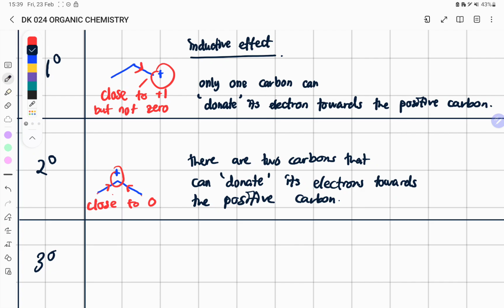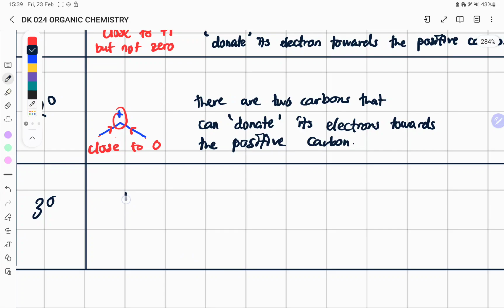Okay, and for tertiary carbocation pula, like that. Okay, so dekat sini ada 3 carbon yang boleh donate.